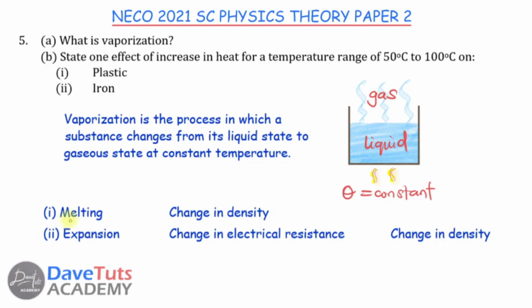So for the plastic, it's going to melt, and then there will be a change in its density. However, for iron, because that temperature is not up to its melting point, it's only going to expand. And because it is also a factor in electrical resistance, it's also going to affect some changes in its electrical resistance. It will also have some changes in its density. So with this, we've been able to look at this question perfectly.